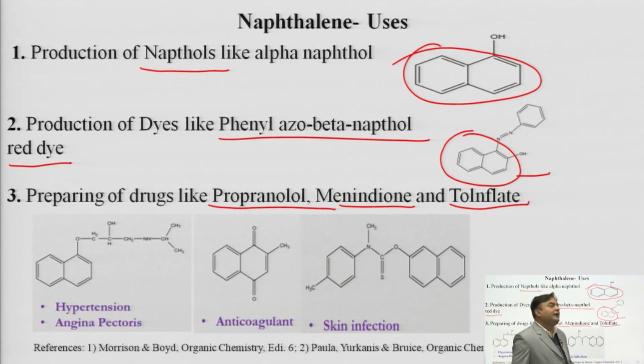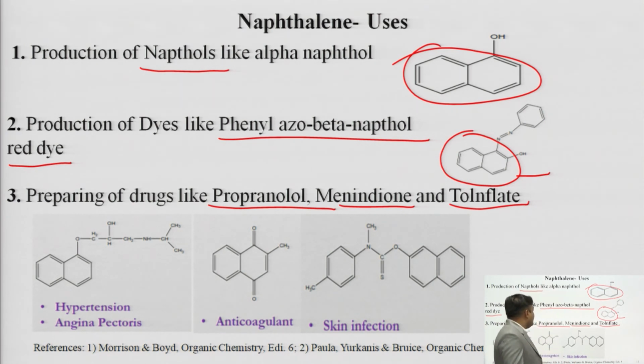I have already told you that alpha and beta naphthol are used in different quantitative tests in organic chemistry, and especially beta naphthol is used many times. Then phenyl azo beta naphthol is also prepared from naphthalene, which is used as a dye in the garment industry.